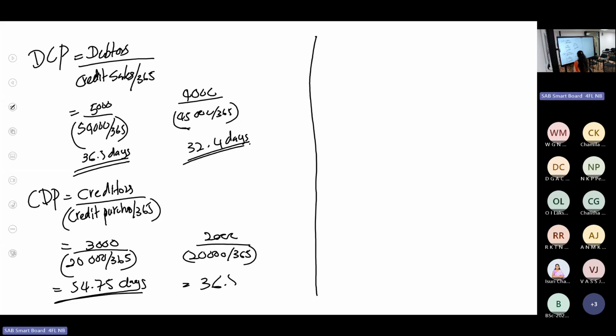That is 6.5 days for 2024. Is that correct? Correct, miss. Okay. Then raw material conversion period, RMCP, then work in progress conversion period, and then finished good conversion period.